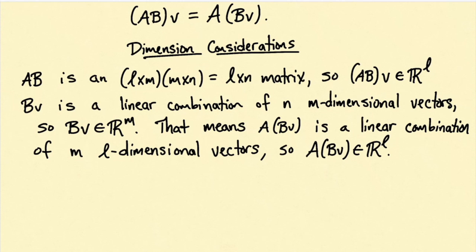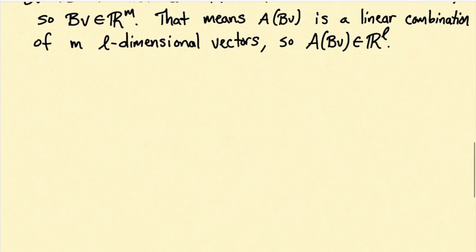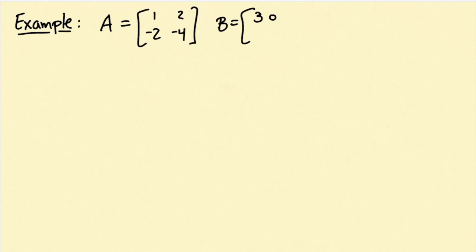So to extend to a product of three matrices, we simply need to use that our multiplication is associative when the third object is a vector, and work column by column. Let's work an example. So we have the matrices A with columns 1, -2 and 2, -4, B with columns 3, 1 and 0, 3, C with columns 1, 2 and 3, 4.